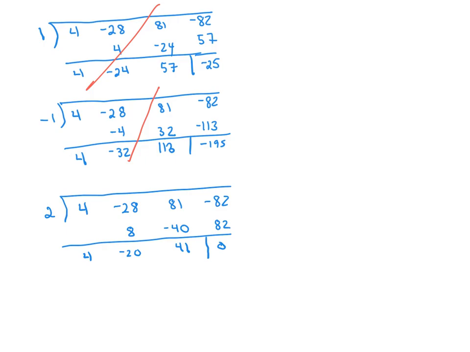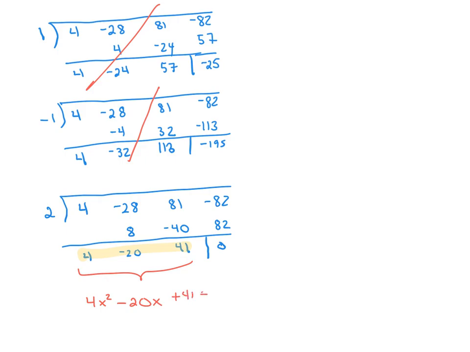So now we have a quadratic. So we have 4x squared minus 20x plus 41.